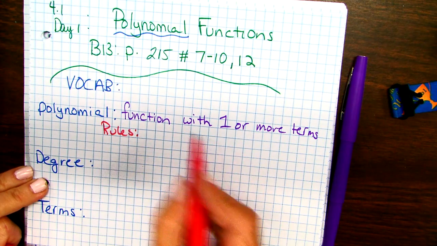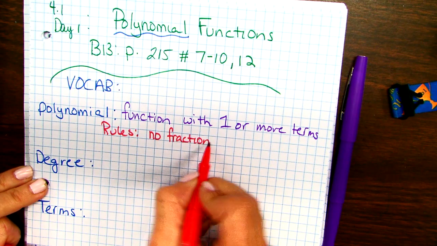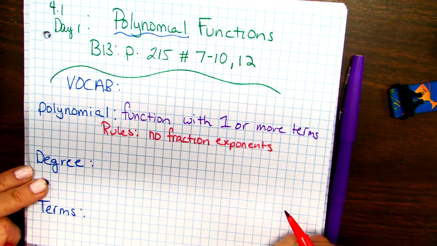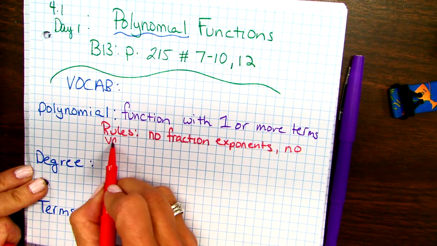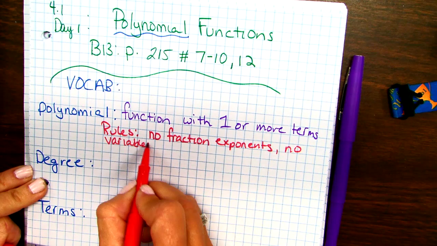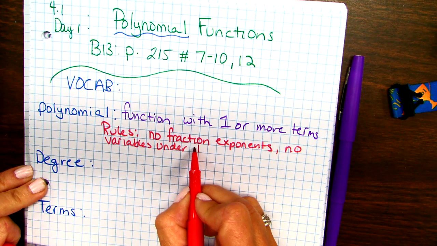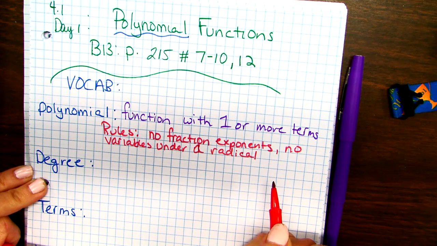There can be no fraction exponents, okay? No variables. What's a variable? A letter. Good. Under a radical. What's a radical? Square root, cube root, whatever.